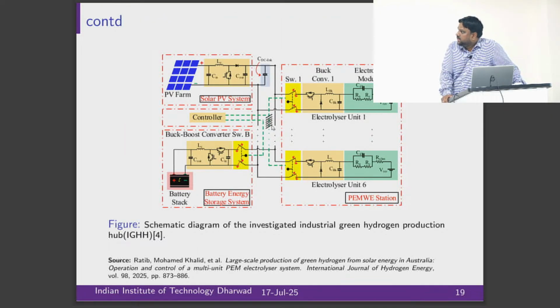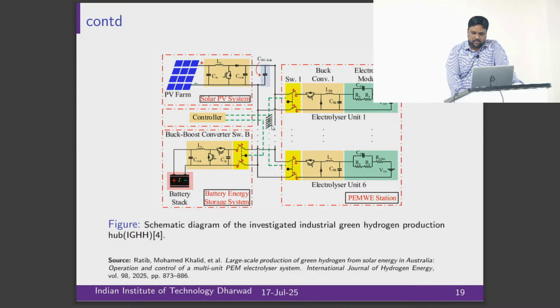You can see on the right side electrolyzer units 1 to 6, all are identical, and the power rating, also from the power electronics point of view, they are equal. And on the left side you have a battery storage and a solar PV inverter system. This is their total system architecture, you can say.